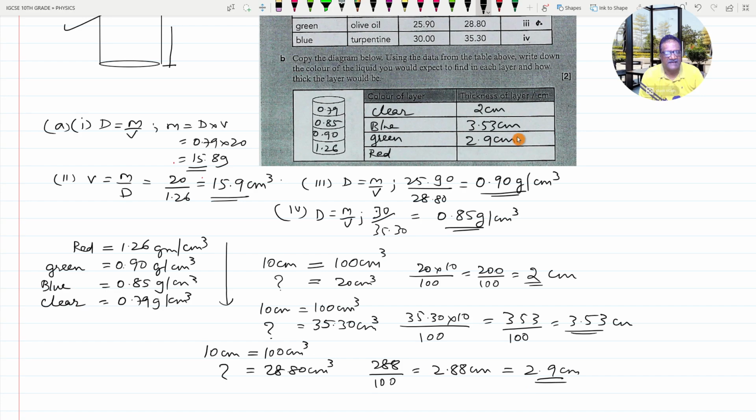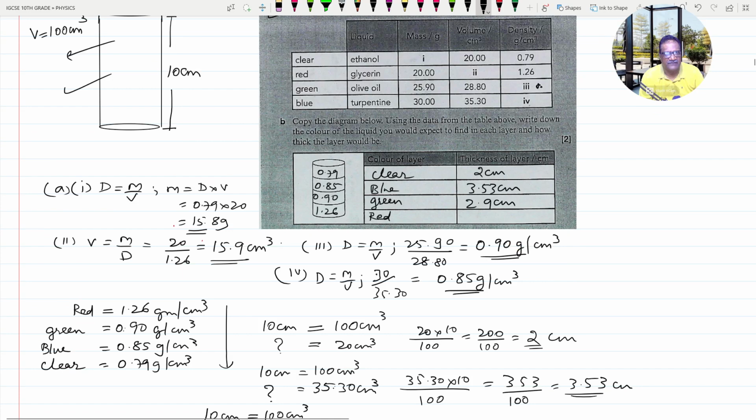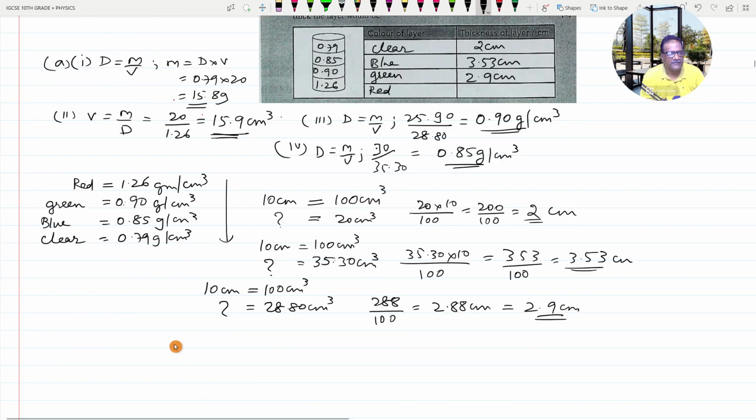Is that clear? Now coming to the last one, red. Now for red, what is the density? What is the volume? Let us see. For red, the volume is this 2. What was 2? 2 was this one, 15.9 centimeter cube. Okay. So again, for 10 centimeter, the volume is 100 centimeter cube. So for 15.9 centimeter cube, what should be the thickness?